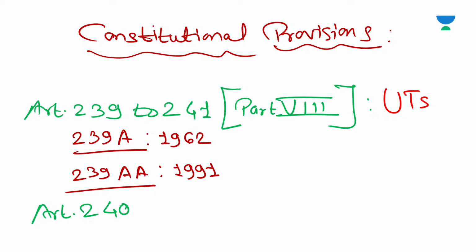Now, Article 241 states that the Parliament may by law constitute a High Court for a union territory or declare any court in the territory to be a High Court for all or any of the purposes of the Constitution.